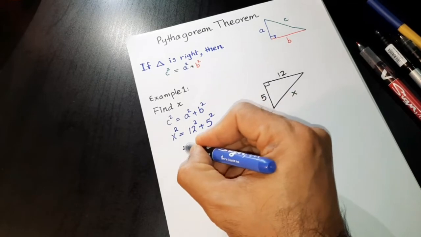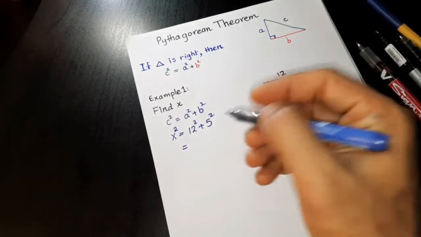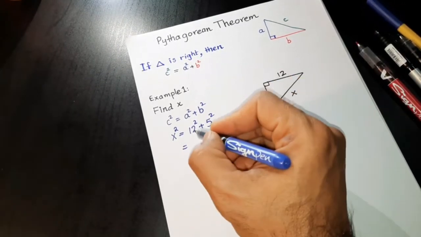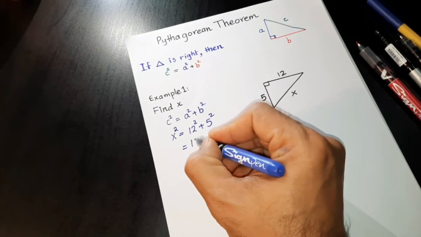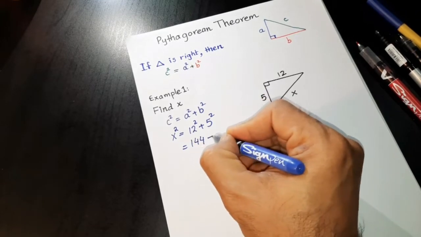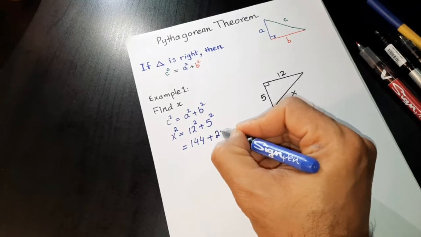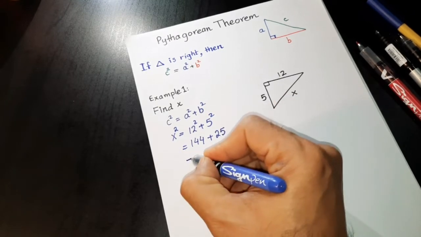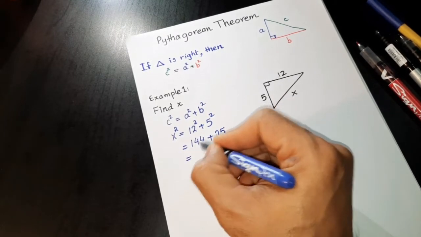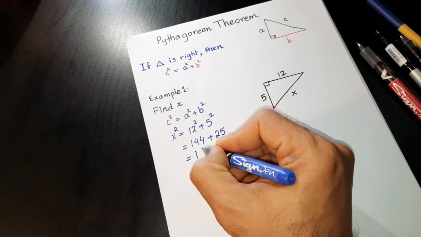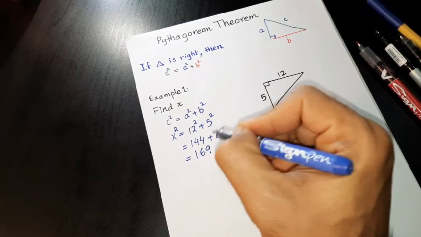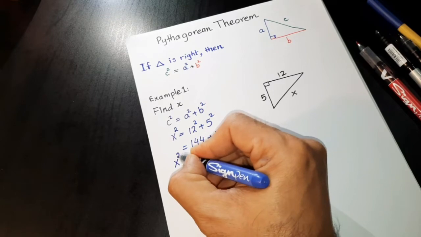Next step is to use your calculator and find the squares of these two. 12 squared is 144, plus 5 squared is 25. Now you add these two. 144 plus 25 is 169, and here we have x squared.